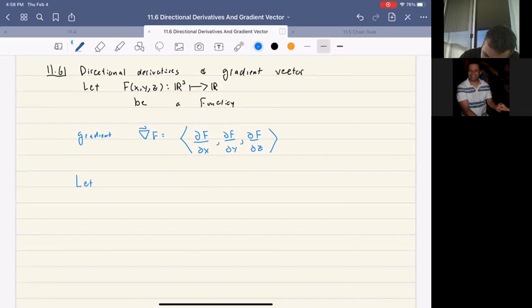So let u be a unit vector. That's the norm of u equals 1.